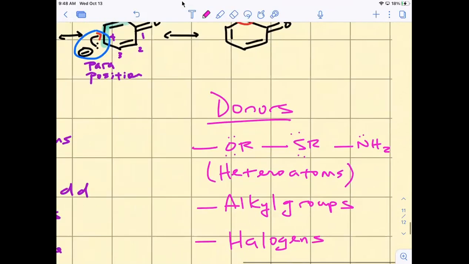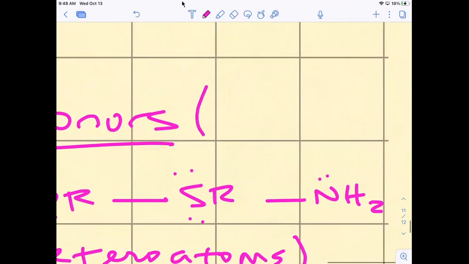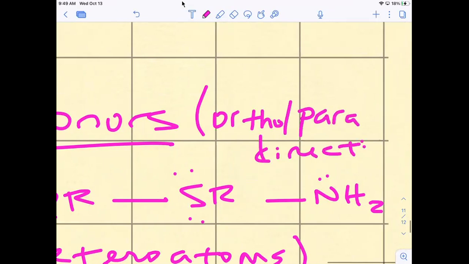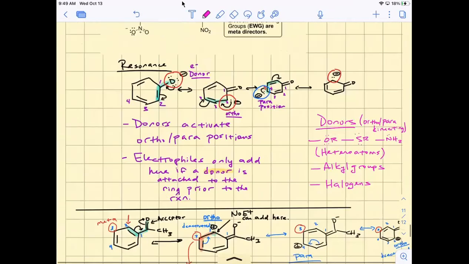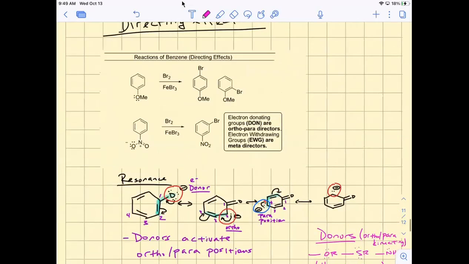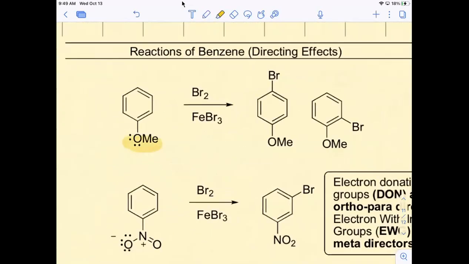So these are ortho, para directed. What that means is that anytime you have a donor on the ring, it's going to direct the electrophile to the ortho site or to the para site when you get ready to do the reaction, like up here, right? I have a methoxy group on the ring.